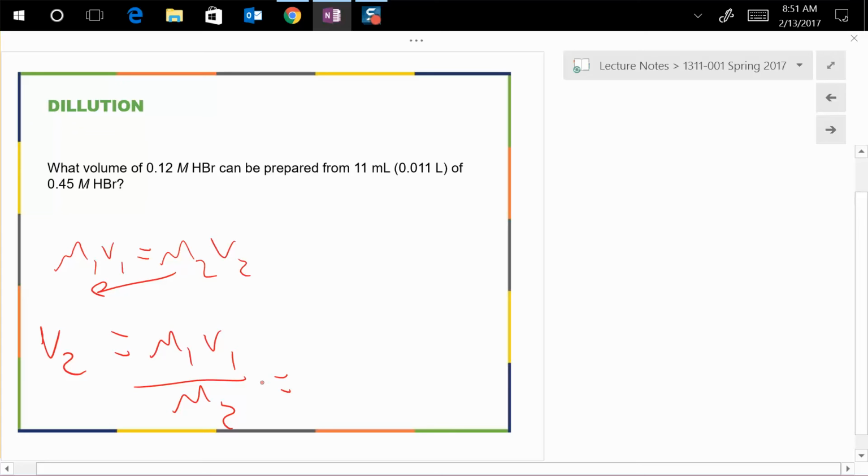Okay, so M1, 0.12 molar. Okay. I'm sorry, that's not M1. This is.